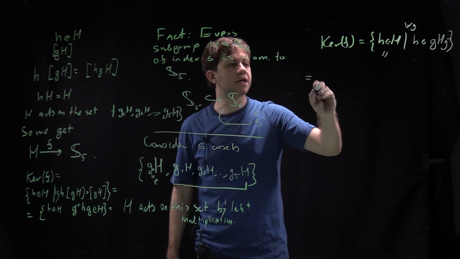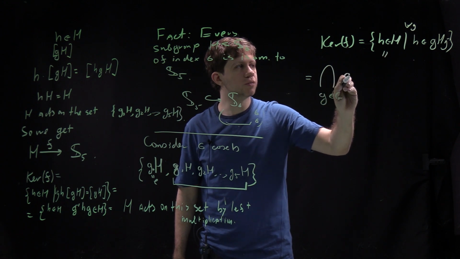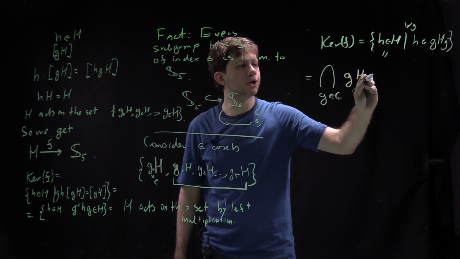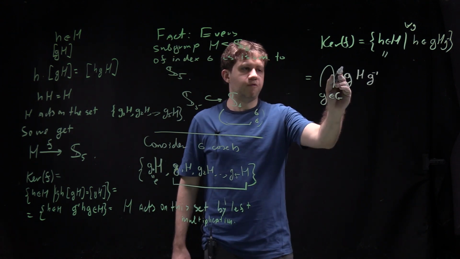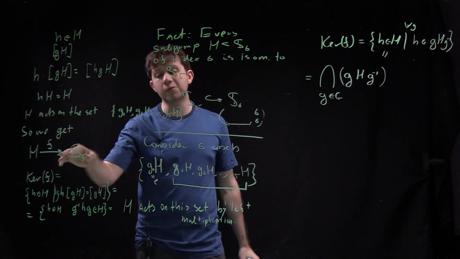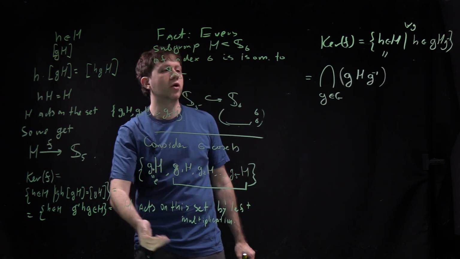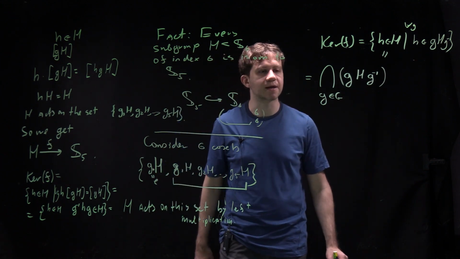So this is the intersection over all g in G of gHg inverse. Pay attention, because we have some interesting map, we look at its kernel, we get some interesting group. That's all kind of little non-trivial steps.